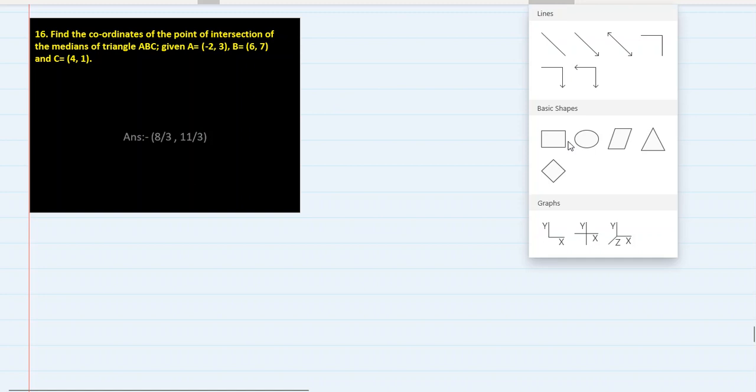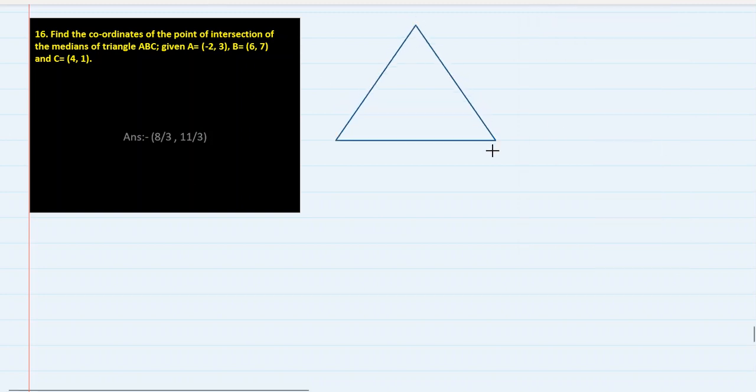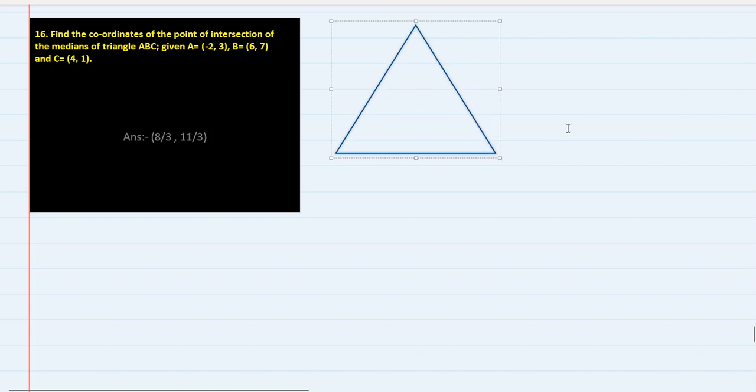Find the coordinates of the point of intersection of the medians of triangle ABC, given the coordinates of A, B and C as over here. So let's first draw a triangle. Now let's draw the medians, 3 medians.